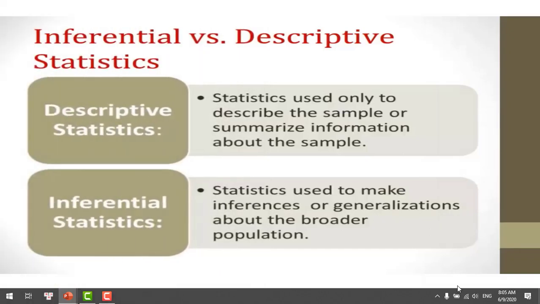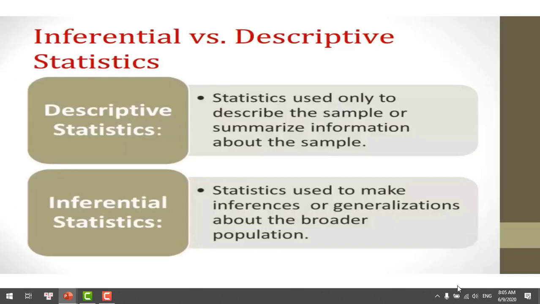When we talk about descriptive statistics, we use statistics to describe the sample and summarize the information about the sample. When we do inferential statistics, we use statistics to make inferences or generalizations about the broader population.